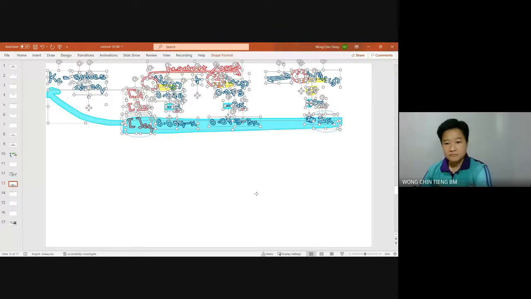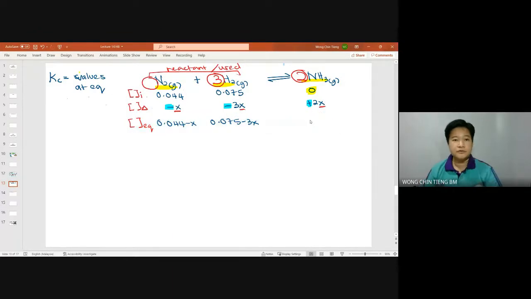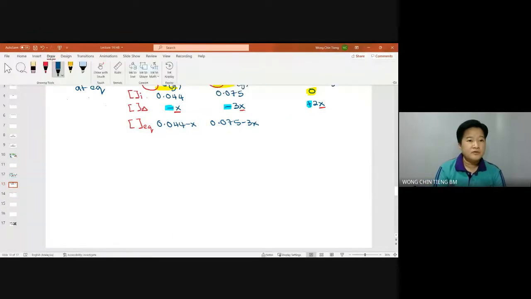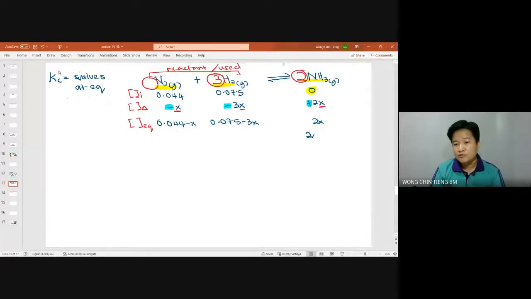So I have my 2x over here. Knowing that your 2x is right now equal to 0.0125 molar, your x straight away will be equal to 6.25 times 10 to the power of -3.